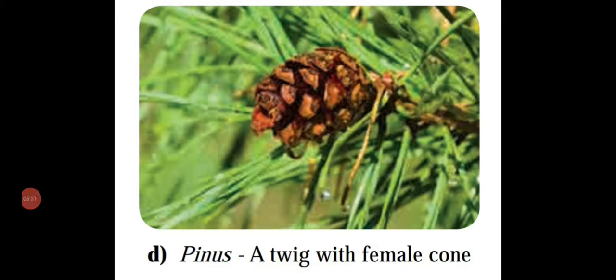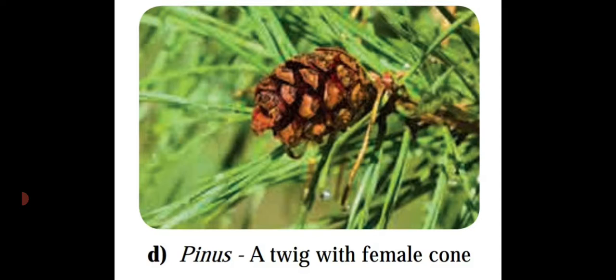Dear students, this is the female cone. A twig with a female cone, which is brown in color and hardy in nature. It is made up of megasporophylls. Inner to the megasporophyll, they contain the megasporangium.